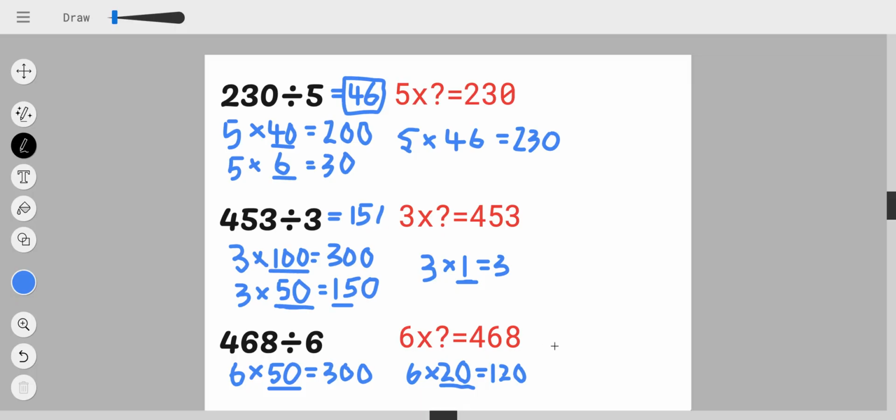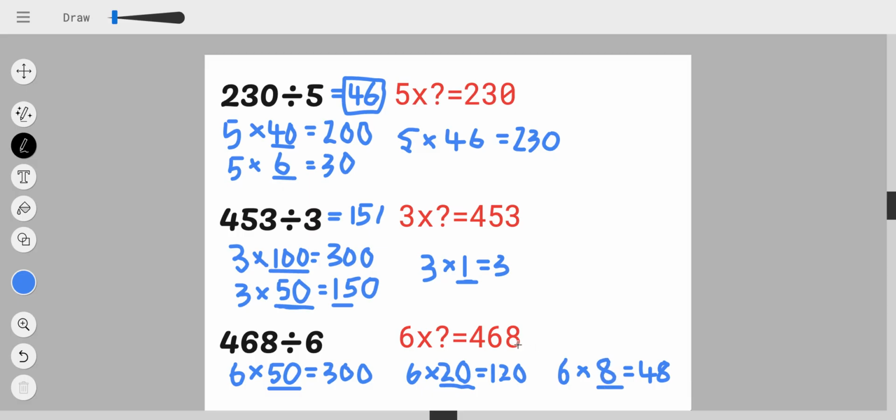All right, now I think 48 is a 6 times table. 6 times what equals 48? And from my multiplication facts, I know that 6 times 8 gives 48.